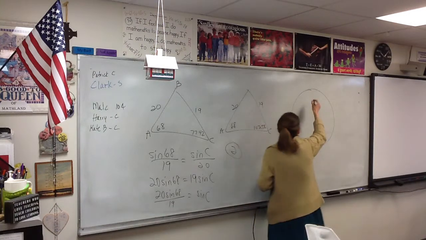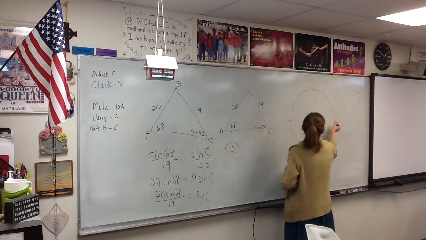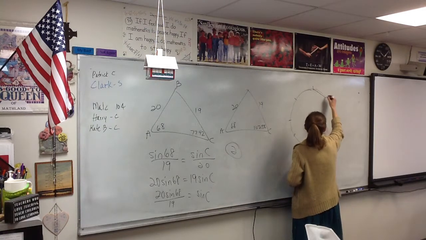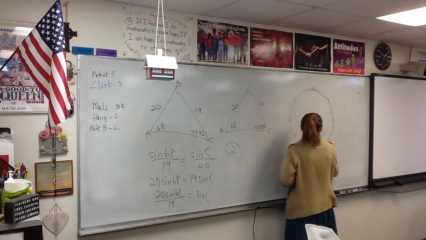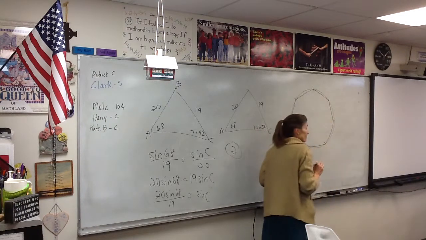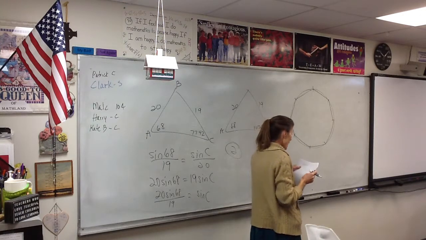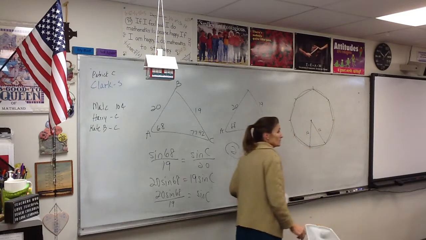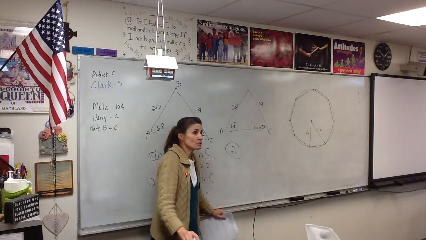Octagon. 8. So I'm going to make 8 evenly spaced hash marks around my circle, and then I'm going to connect those hash marks, and there is my octagon. I know that the radius of the octagon is 12. Now draw at least 2 of those in.